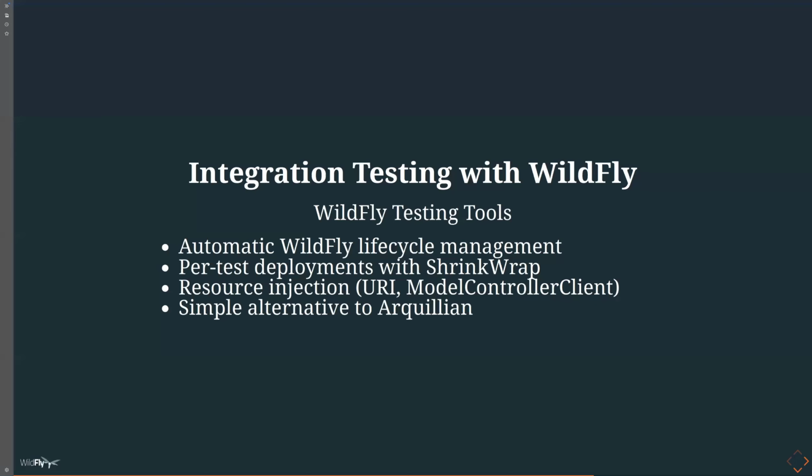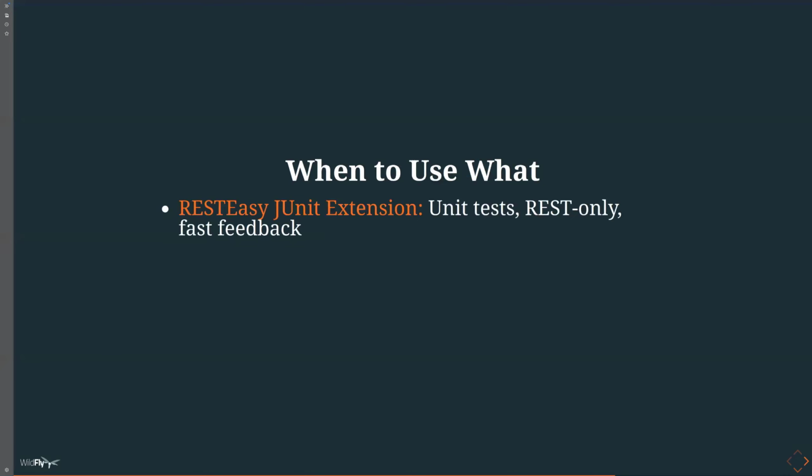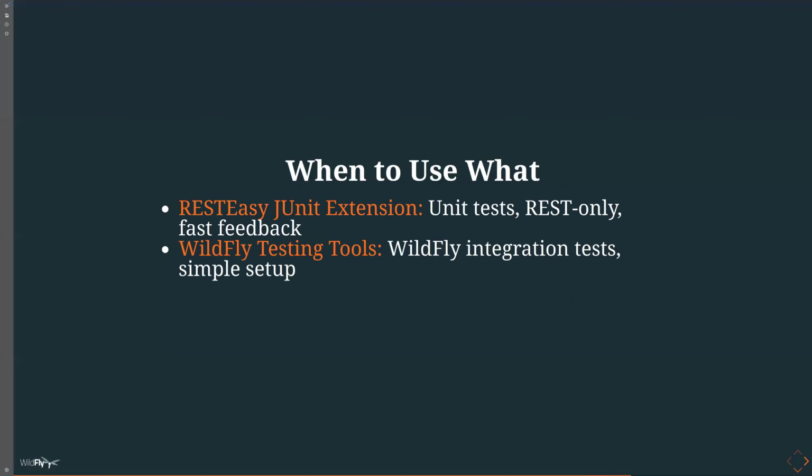Okay, so this leaves the question of when to use what. Typically you would use the RESTEasy JUnit extension if you're only testing a REST endpoint, and all you really care about is making sure that your REST endpoint is giving back what you expect. You can use the Wildfly testing tools if you're using Wildfly, because it's not going to work with anything else, and you just need a really simple setup that's pretty quick and easy to use.